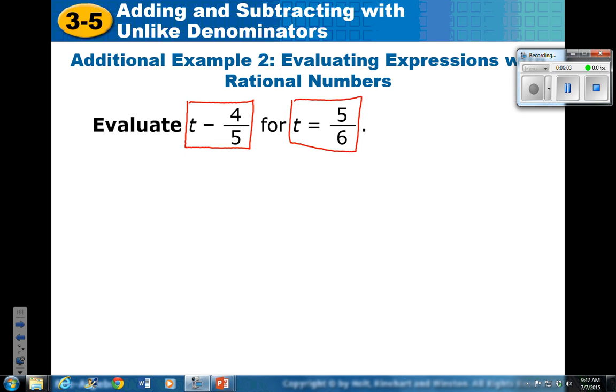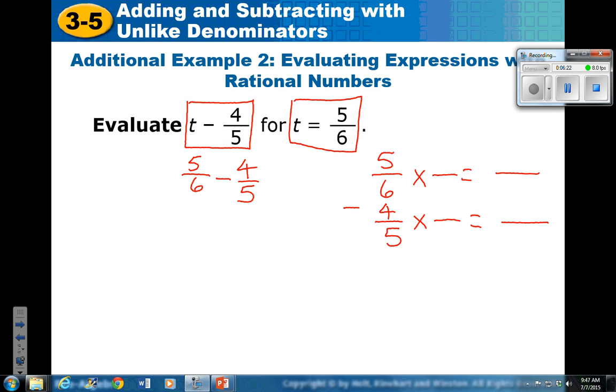So let's go ahead and plug in 5/6 minus 4/5. Let's go ahead and write that going up and down. 5/6 minus 4/5. Notice that the denominators are different, so we need to do this common denominator process.